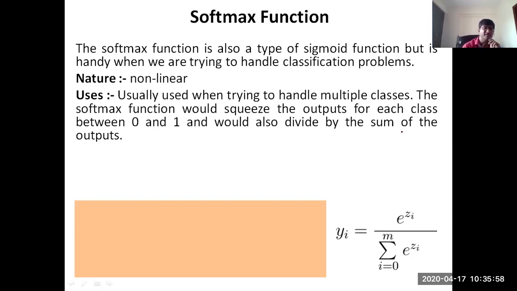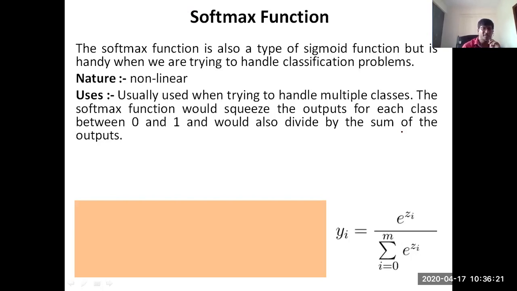These softmax functions are used when we are handling multiple classes, because for two-class problems your normal activation functions like the logistic or sigmoid function work pretty well. But for multi-class classification, we prefer a softmax function.